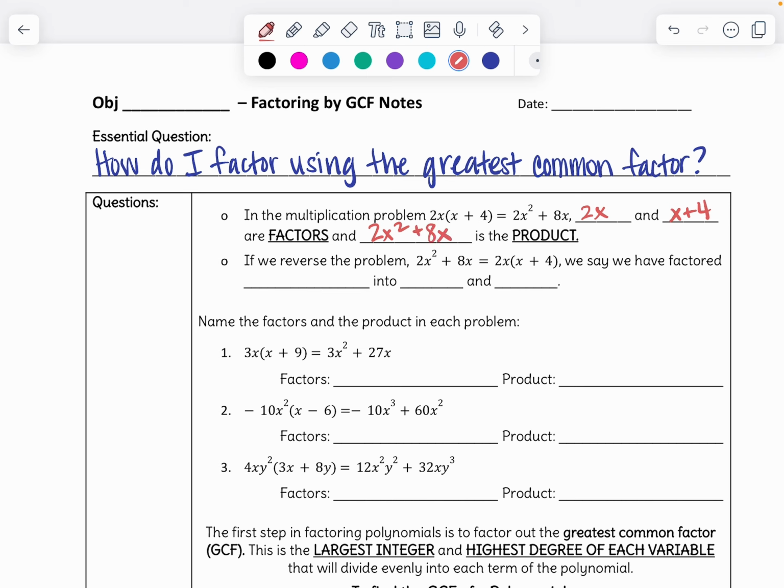The factors are what are being multiplied together, and the product is your answer. To reverse that, 2x squared plus 8x equals 2x times x plus 4, we would say we have factored the product, which is 2x squared plus 8x, into the factors of 2x and x plus 4.